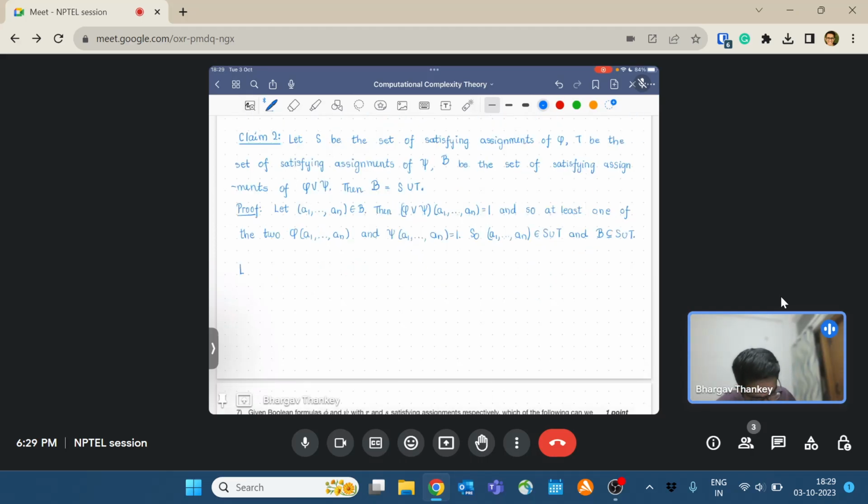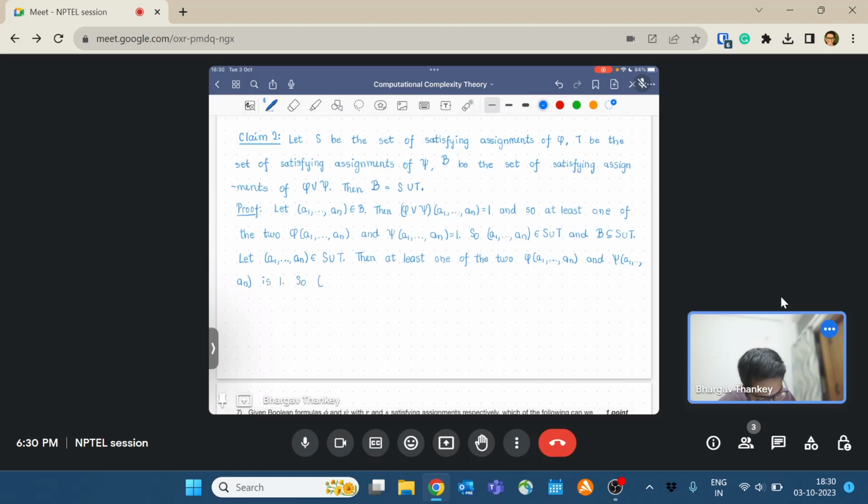Similarly, in the other direction, if A1 to AN is in S union T, it's in at least one of the S and T, right? So at least one of the two is one.